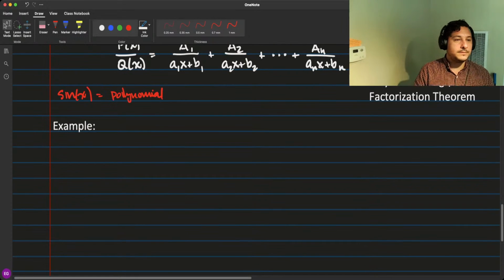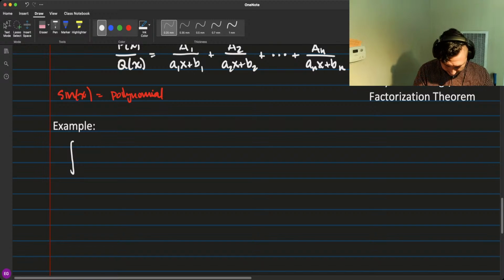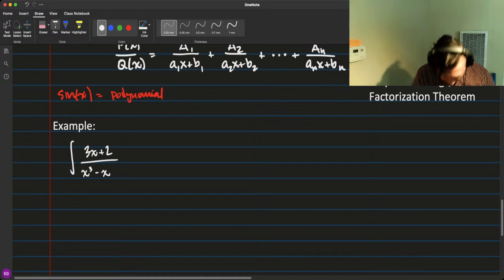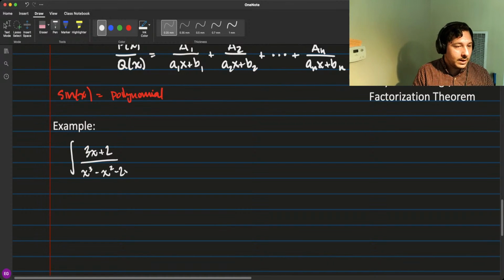Alright, so let's do an example. Let's say that you were integrating 3x plus 2 over x cubed minus x squared minus 2x.